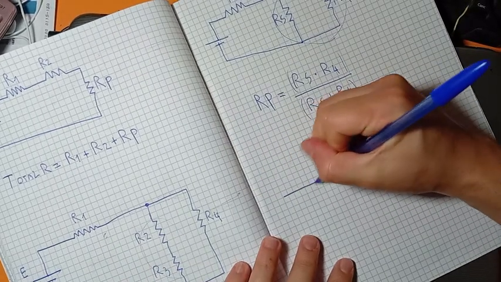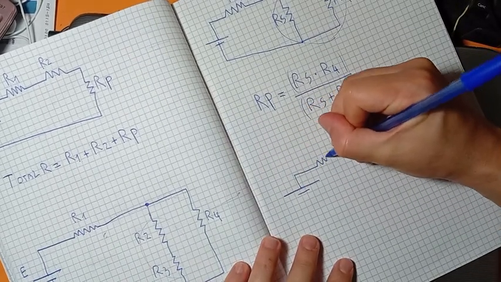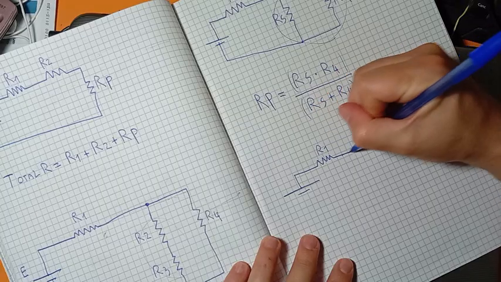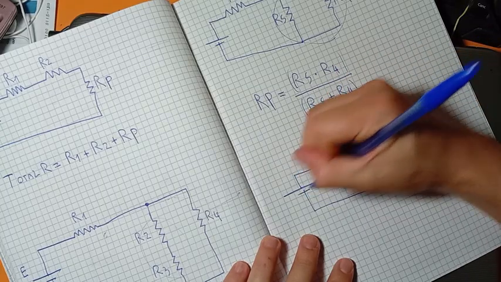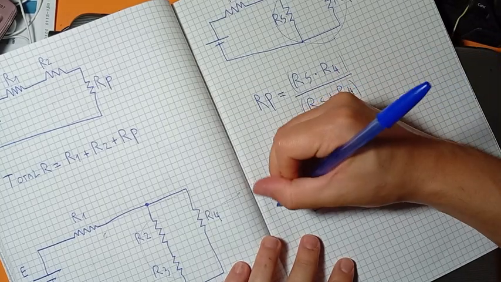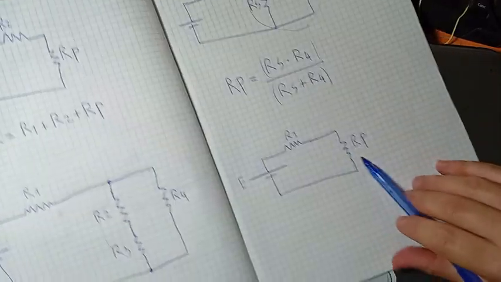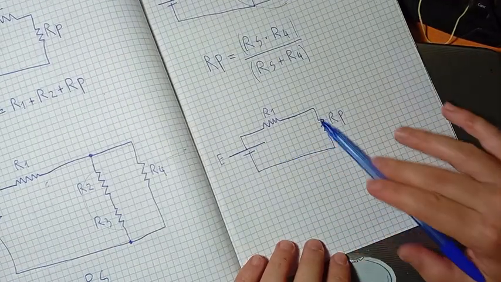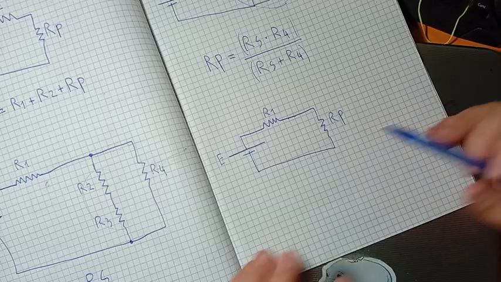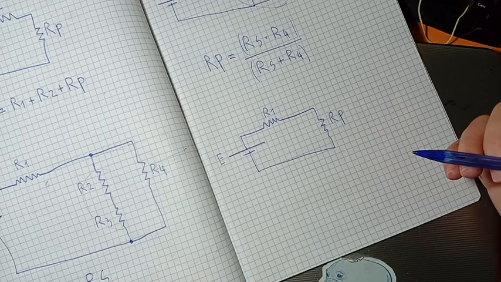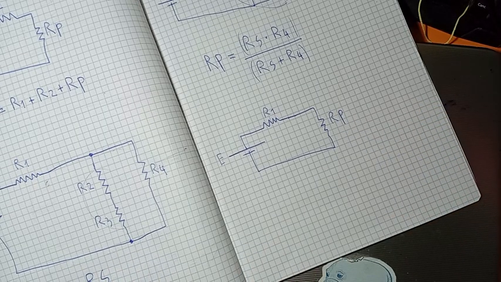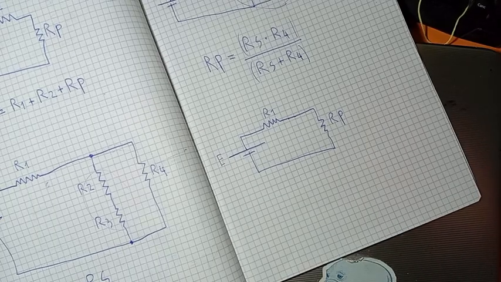Okay, now I'll have R1 here and Rp. This is the generator. Okay, I have R1 and Rp. I have like a single branch now, and I can calculate the total resistance just using the series calculus.